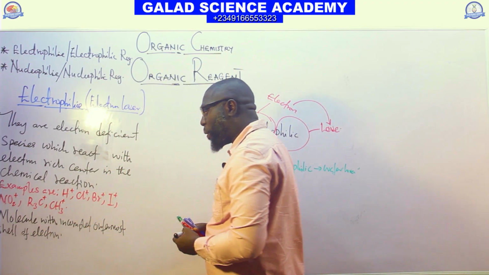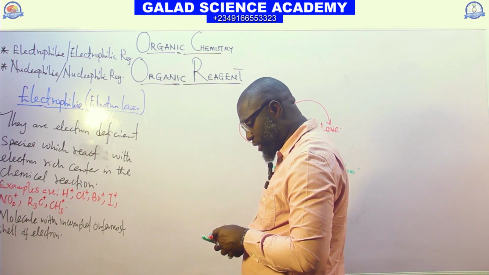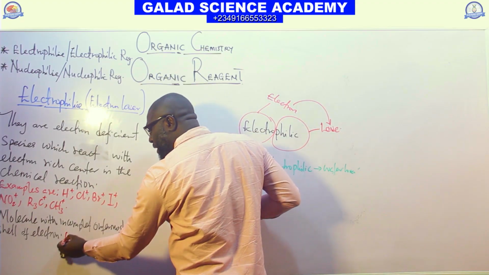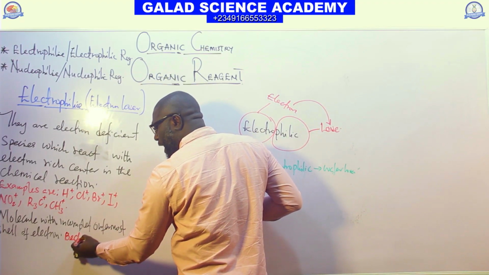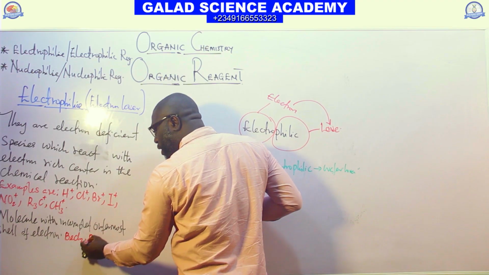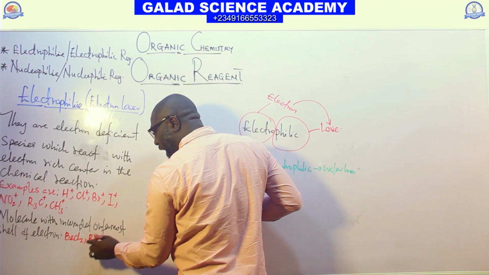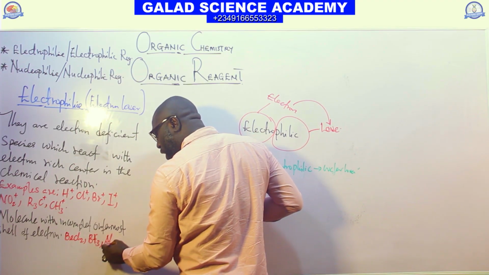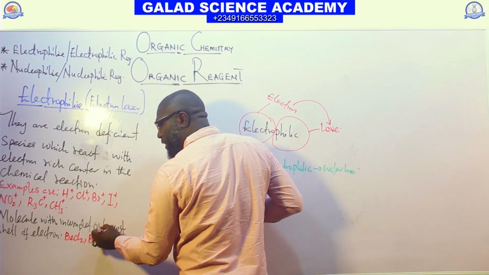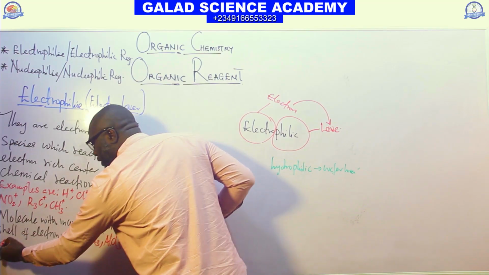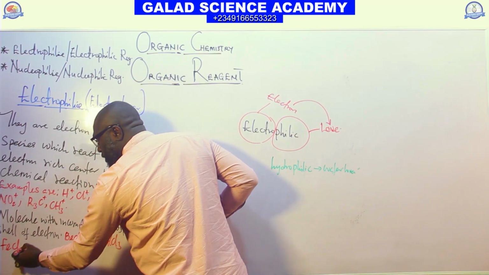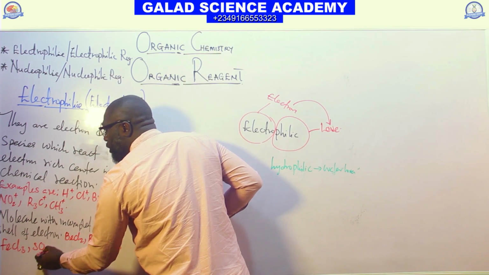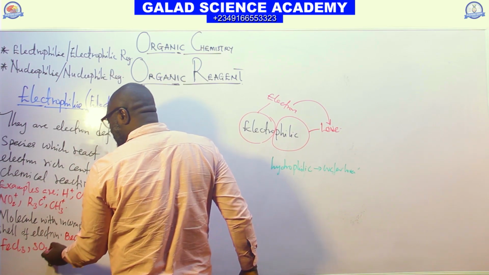All those incomplete octet molecules are also electrophiles. If you can still remember, we have BCl2, boron trifluoride, BCl3, aluminium chloride AlCl3, iron(III) chloride FeCl3, and SO3.